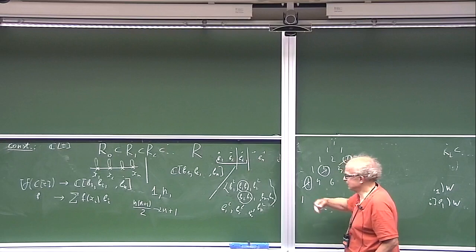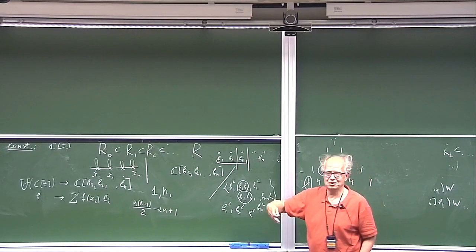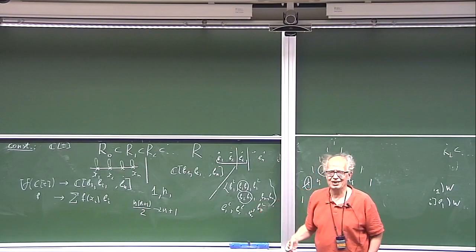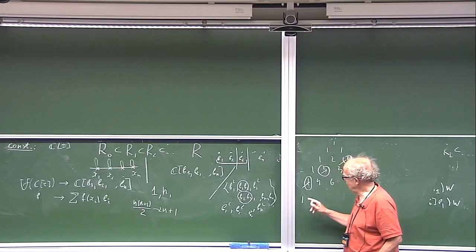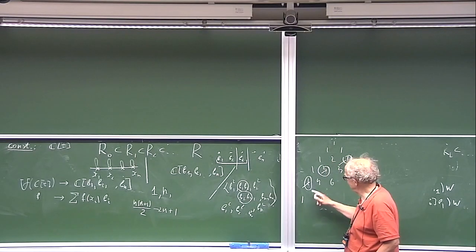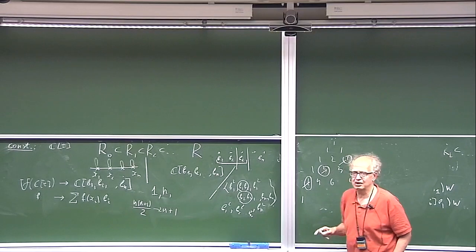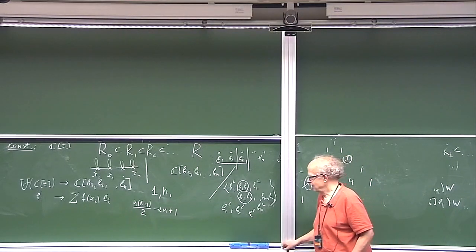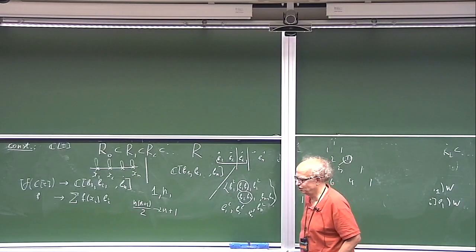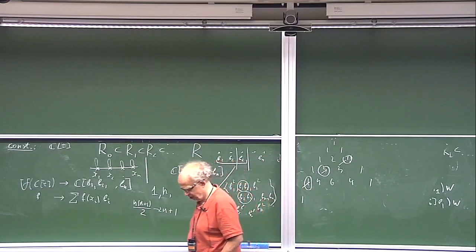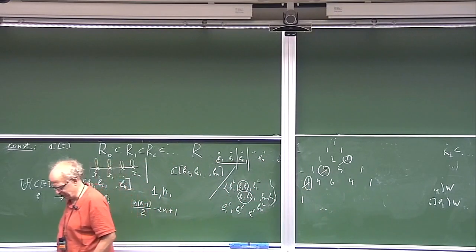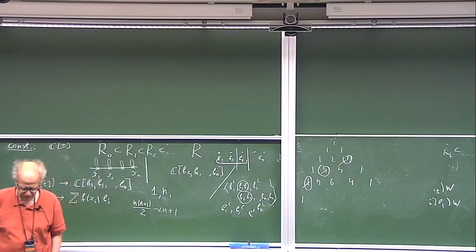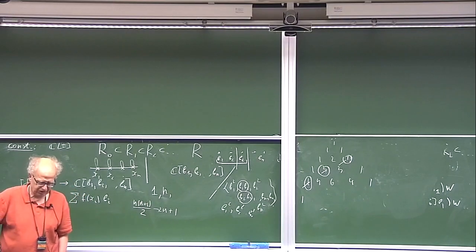additional grading on this space, and especially additional grading on this 1, 4, and 3. So it has to be not binomials, but some q-binomials, some polynomials depending on q.